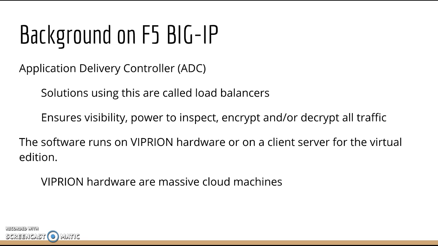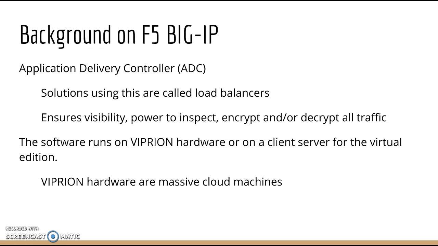They also offer virtual versions of this so that you can have virtual application delivery controller services. But what do these do? They are load balancers. What that means is servers are going to be able to see the traffic, inspect it, control it, essentially.